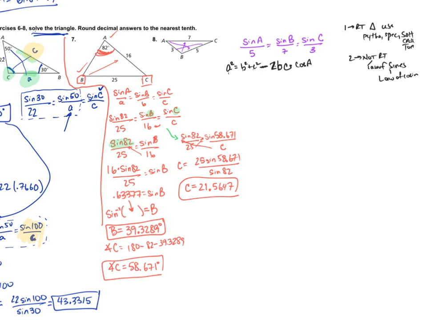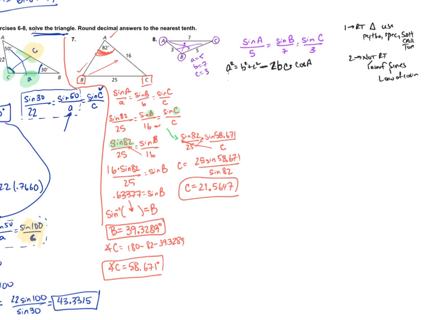So this right here is little a. Here's angle A, so side A is 5. Here's angle B, so side B we know is 7. And here's angle C, so side C is 3. So I could put these in the formula.